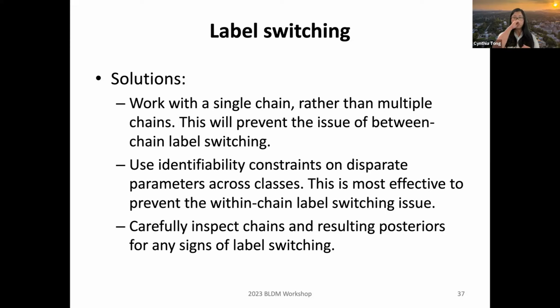This is really what I just showed you in the code, where we constrained one parameter in one class to be smaller than, or bigger than, the values of the parameters in the other class. By just setting that, the classes will not switch, so the label switching issue can be resolved.